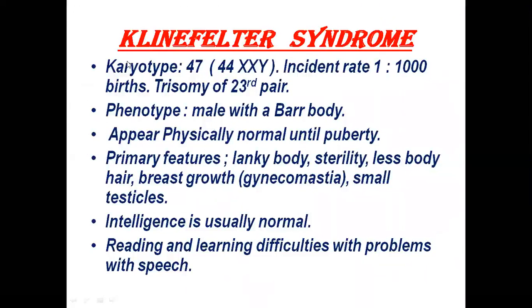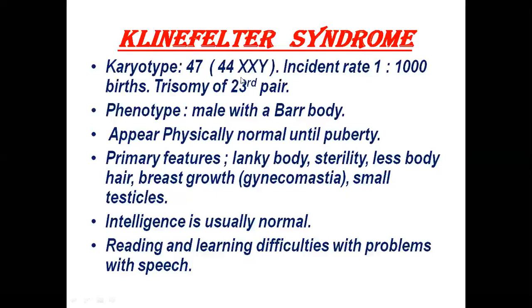Coming to the next disorder due to non-disjunction of chromosomes, it is Klinefelter syndrome, as the name suggests. The karyotype of Klinefelter syndrome is 47. The normal karyotype of a healthy human individual is 46, but we find it as 47 because this is 2n plus 1.